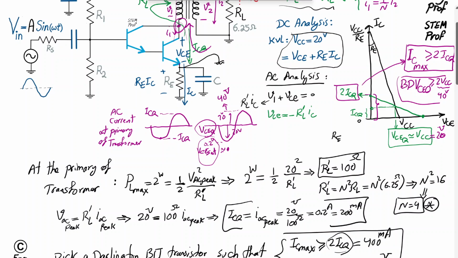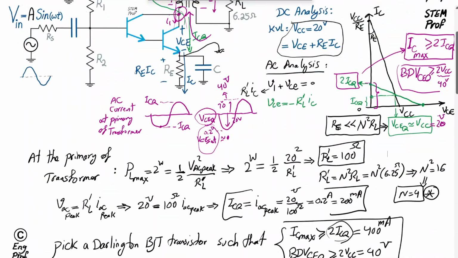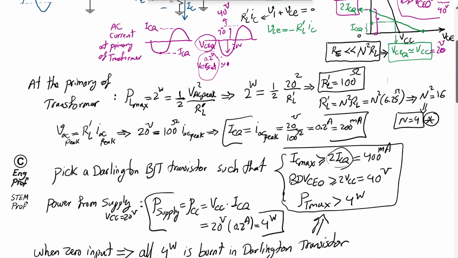So RE, the resistor at the emitter of the Darlington transistor, should be considerably less than R prime L, or basically considerably less than N square times RL. We design the Class A amplifier such that this is satisfied, and therefore we benefit from the approximation that VCQ is practically just VCC.